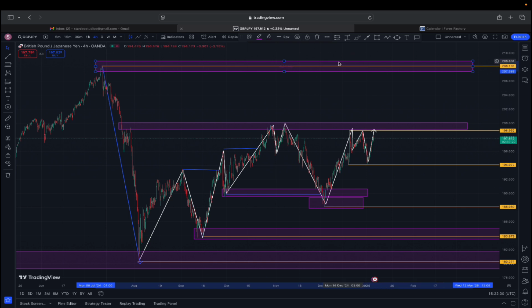So this is a supply, this is a supply, this is a demand zone where buyers are waiting for the market to enter, and then they buy. So this is what we call the support.